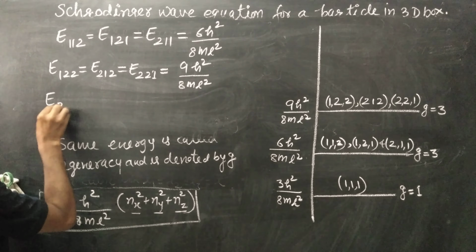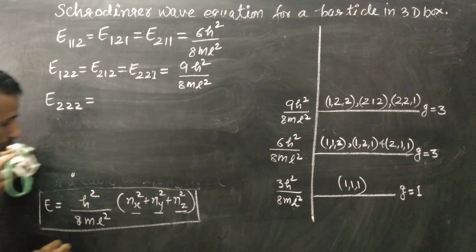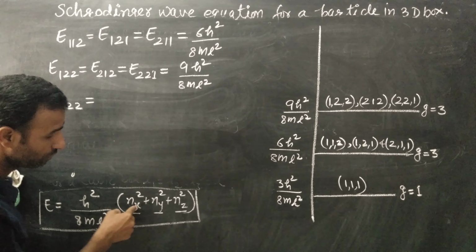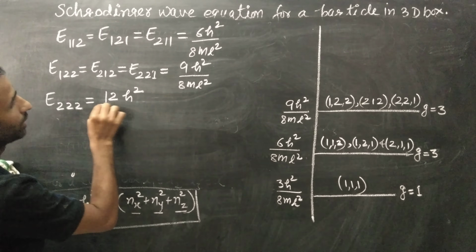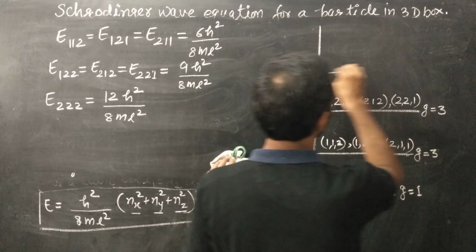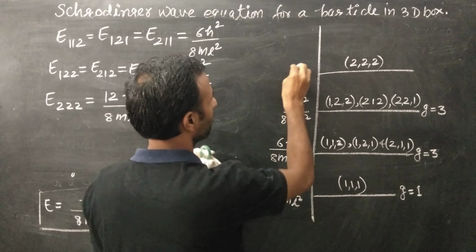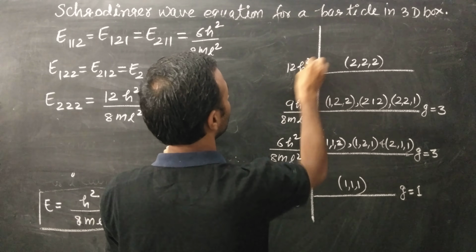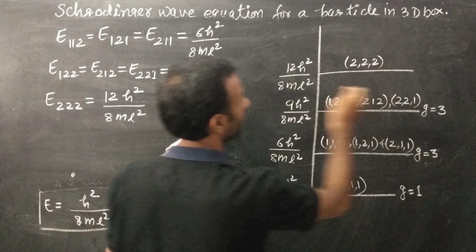Now energy of 2, 2, 2. Tell me, what is the energy of 2, 2, 2? 2 square plus 2 square plus 2 square, 4, 4, 4 means 12 h square divided by 8m L square. 2, 2, 2, 12 h square, and this is a non-degenerate state, right?